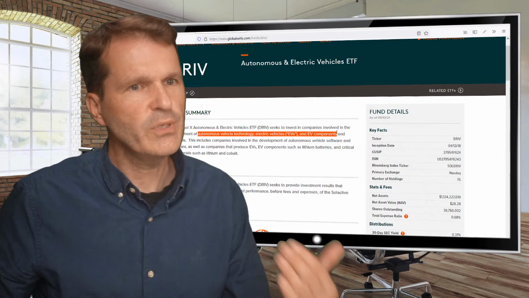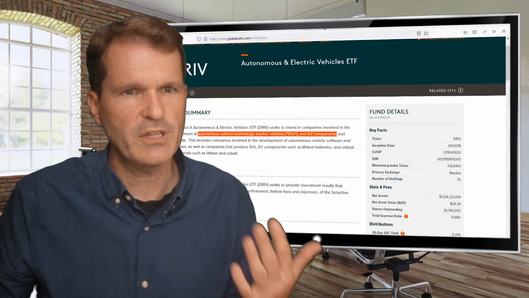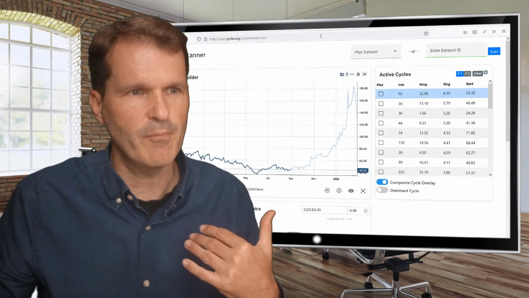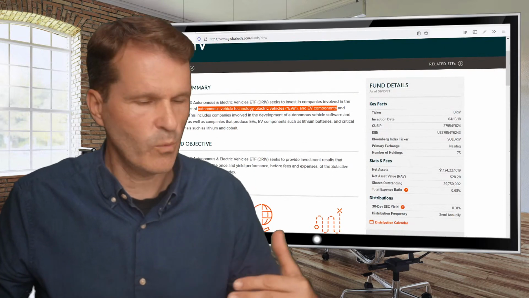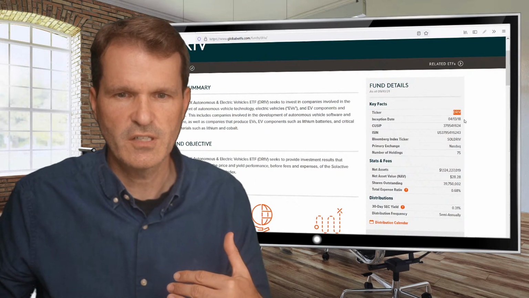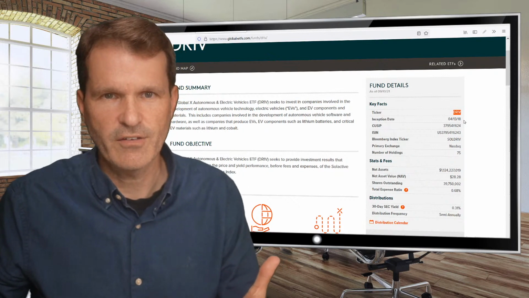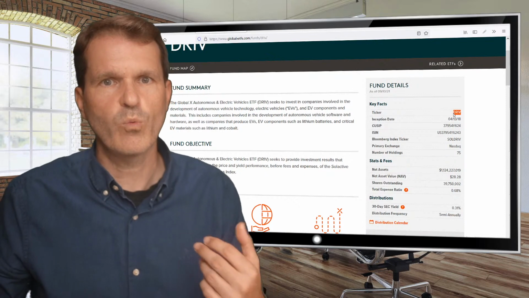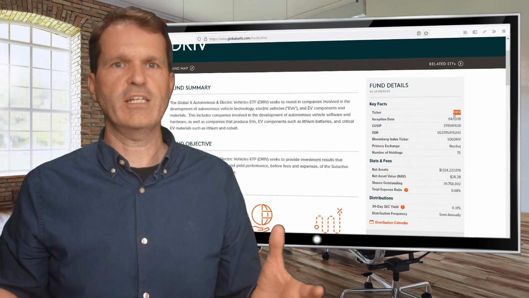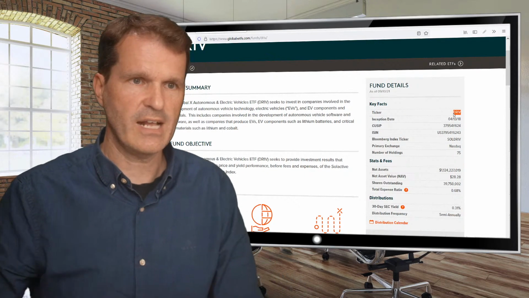Doing this kind of cycle analysis, we're doing it the same way. We are now just using the ticker, which in this case is DRIV, the ticker symbol on the stock market. And you know that we are wrapping the Yahoo financial data, which you can pull in the cycle scanner.